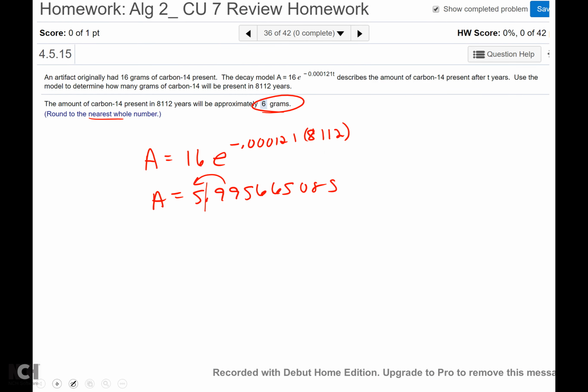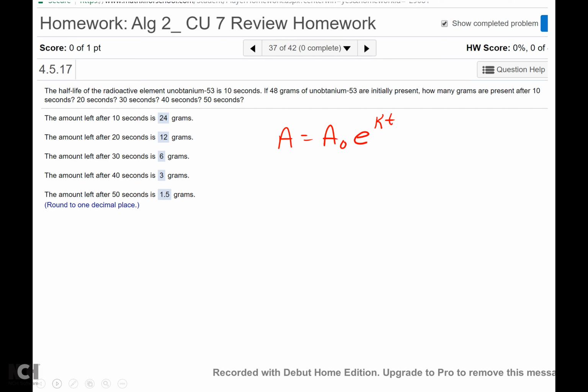So my problem is we've got a half-life of 10 seconds. So I have to figure out my decay rate. So again, we can pick any starting point, but let's say that I started with 1 gram. Well, half-life, that would make this 0.5. And that will be e to the, I don't know what k is, that's what I'm trying to find, but the half-life is 10 seconds.